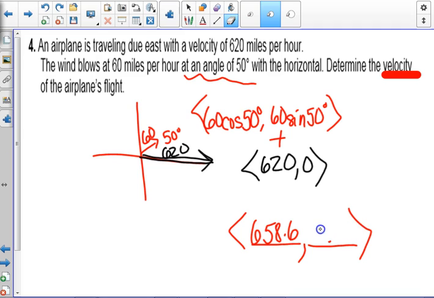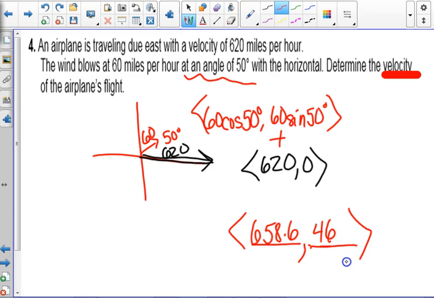That's what I got. This one is what? Okay, so roughly 46. Determine the velocity of the airplane. How do you find the velocity of the airplane after the wind has had an effect?